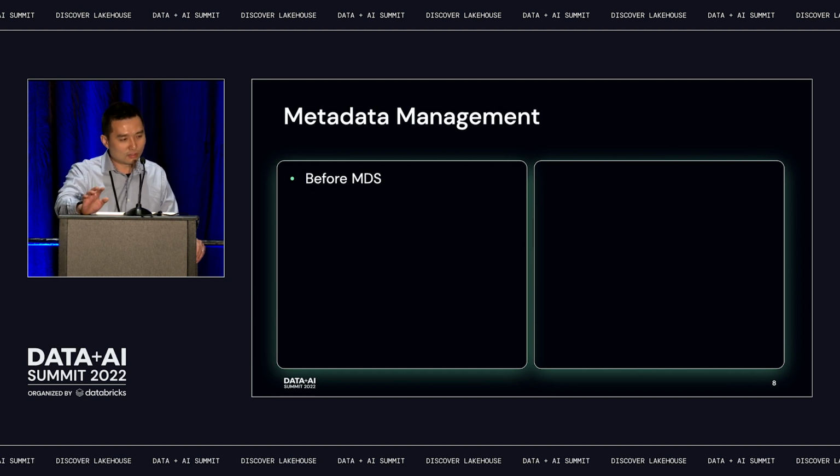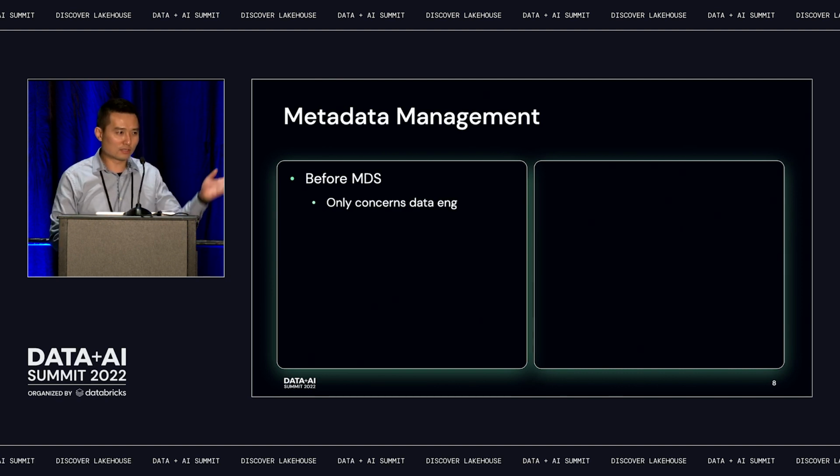Well, it is kind of solved, in the previous generation of data systems, right? Nowadays, we have the so-called modern data stack, MDS. Prior to that, metadata management was a small thing that was mostly concerning the data engineer. The rest of the company didn't care so much about it.